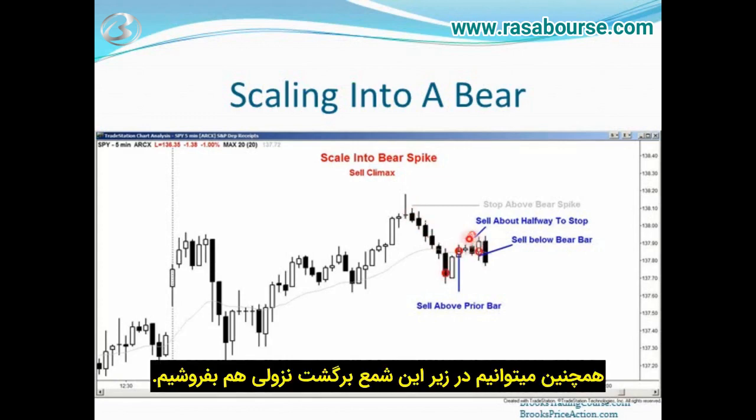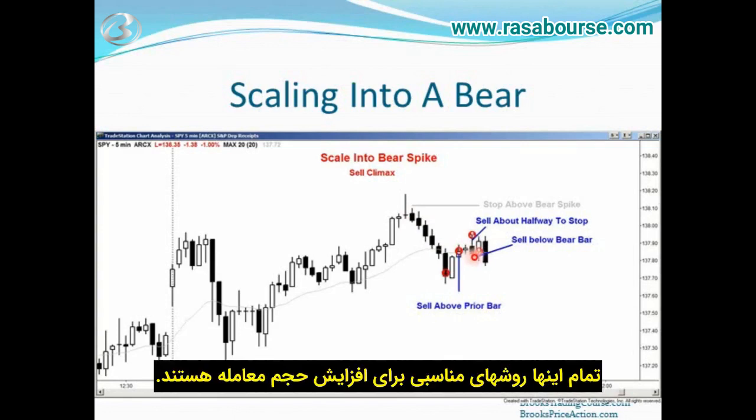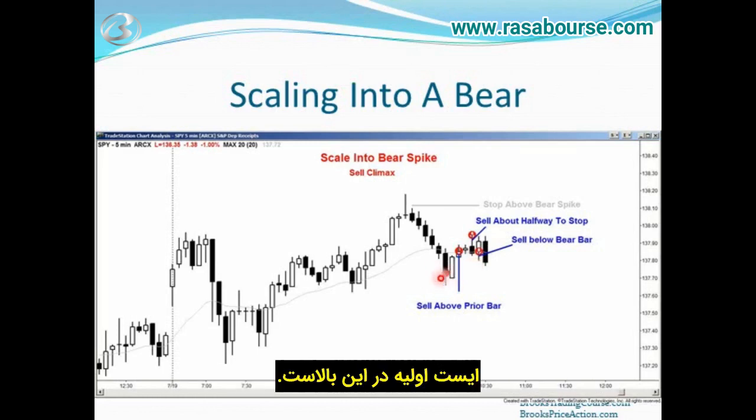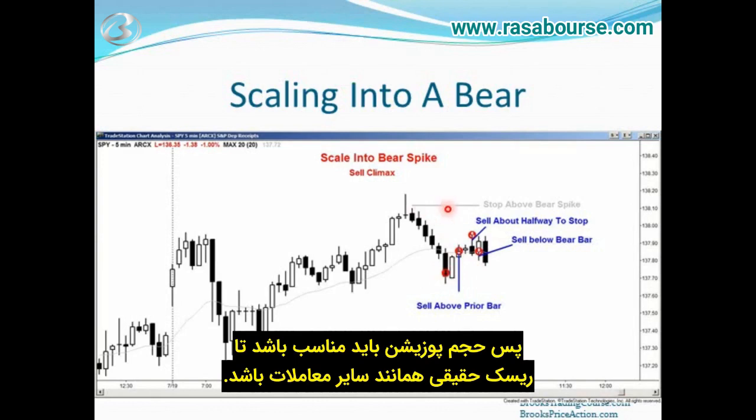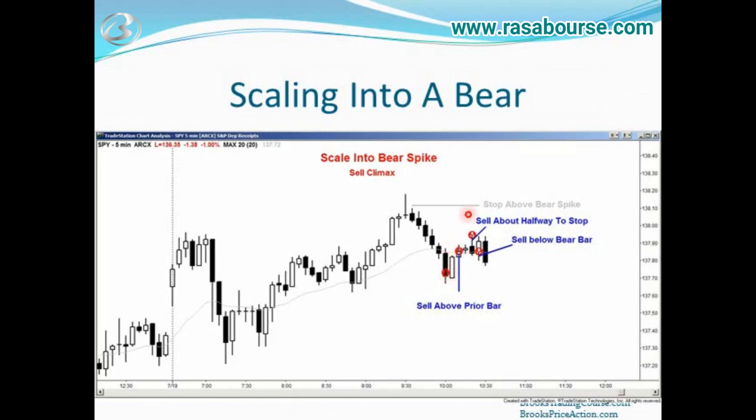They might also sell below this bear reversal bar. Those are all reasonable ways to add to your initial position down here. Again, your initial stop is up here, so your position sizes have to be appropriate so that your actual risk is no bigger than on any other trade.